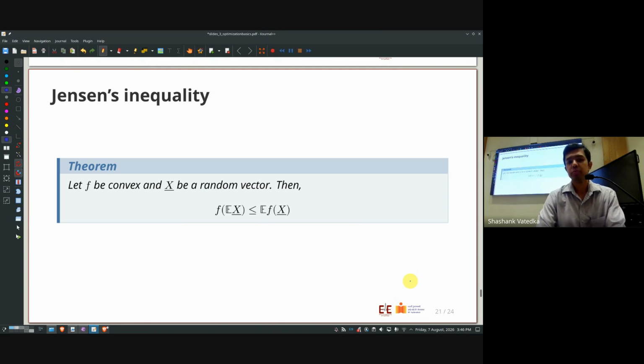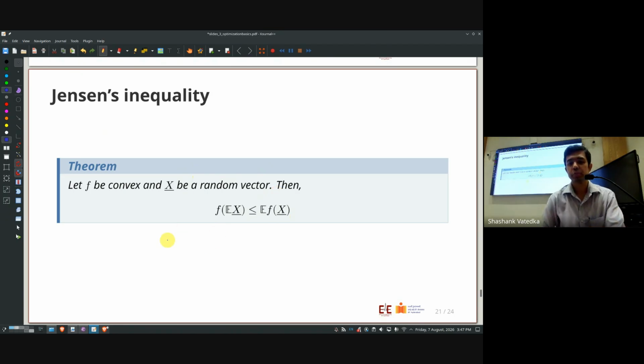Another useful property of convex functions is Jensen's inequality, which says that if f is a function which is convex and x is any random vector, then f of expectation of x is less than or equal to expectation of f of x. Now, for example, if x is a vector that takes one of two different values, let's say x1 with probability p and x2 with probability 1 minus p, then this essentially just boils down to the definition of convexity.